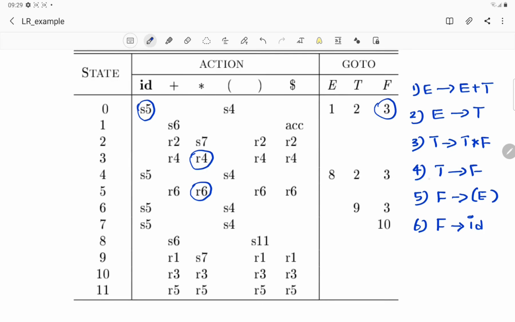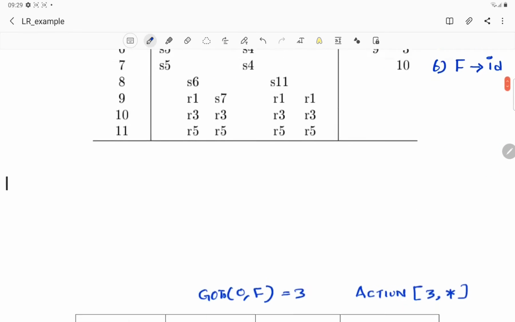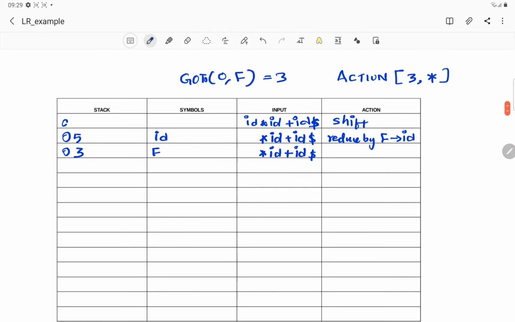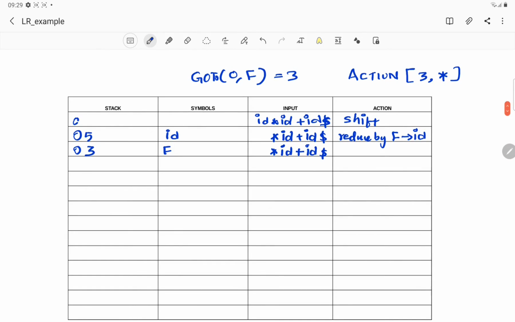Reduce by 4 means reduce by T gives F. So the action is reduce by T gives F.